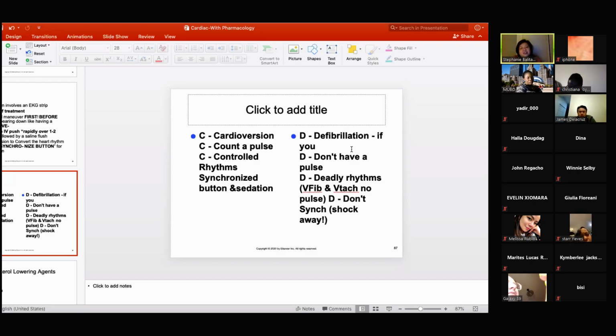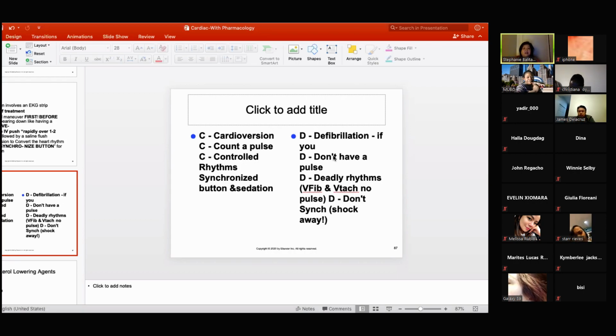When we do defibrillation with CPR, we do that when there's no pulse, right? Or there's no respiration. When the pulse rate has stopped, we do defibrillation in CPR, right?